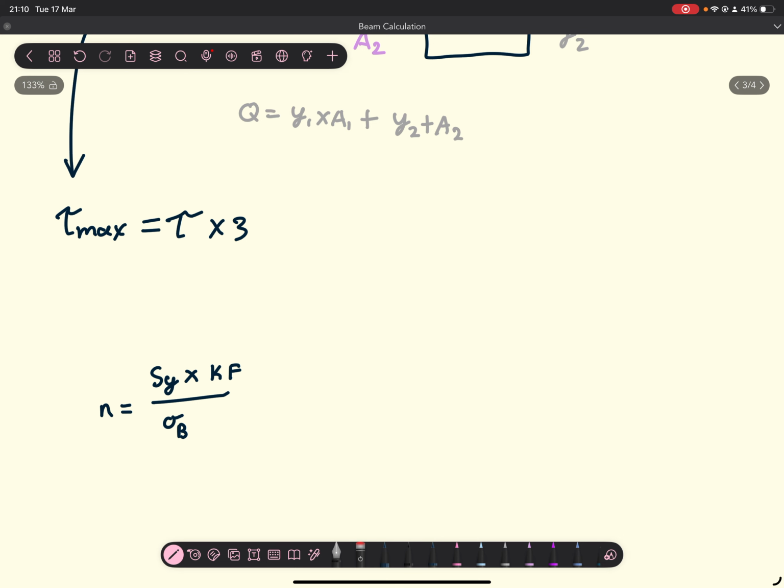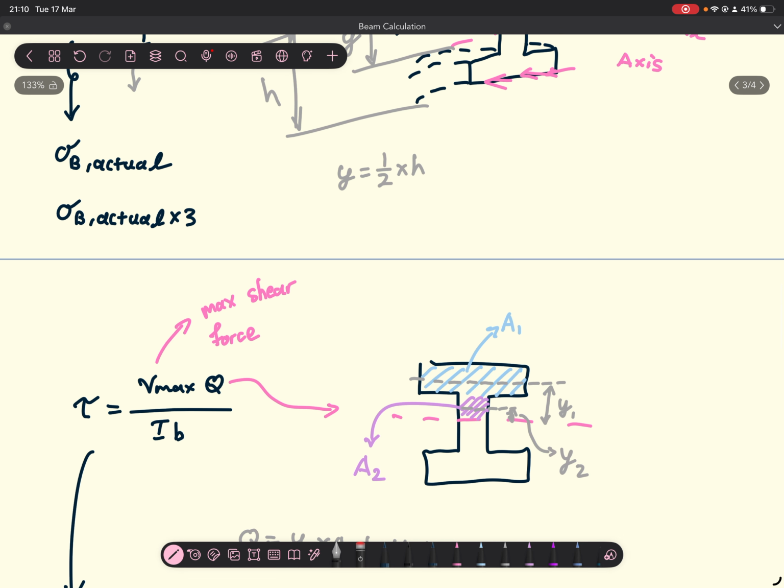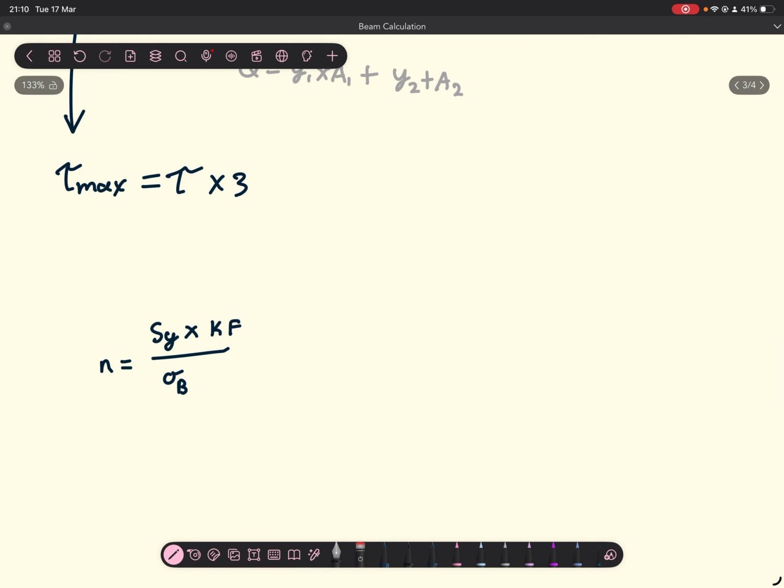And this maximum bending stress is also considering the safety factor. So to be more explicit, sigma B times our 3, our safety factor, right? So I know you have this thing with the safety factor applied to it, and you're asking, why would the safety factor not be 3?